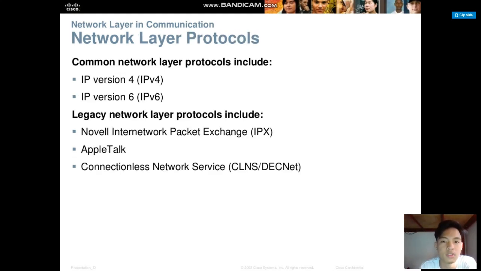Common network layer protocols include IP version 4 (IPv4) and IP version 6 (IPv6). Legacy network layer protocols include Novell Internetwork Packet Exchange (IPX), AppleTalk, Connectionless Network Service (CLNS), and DECnet.